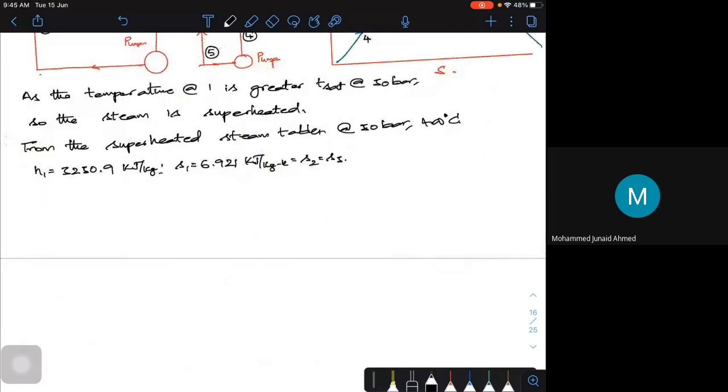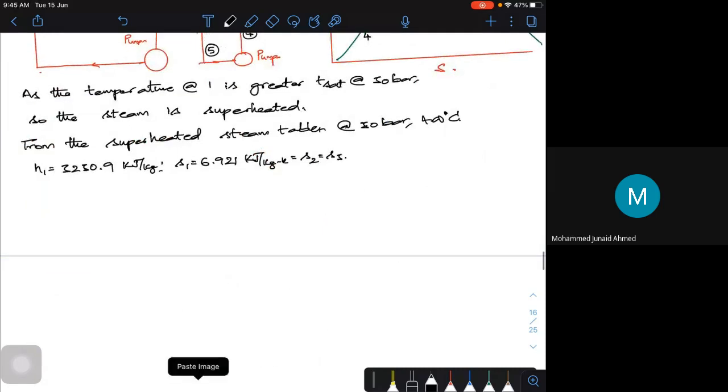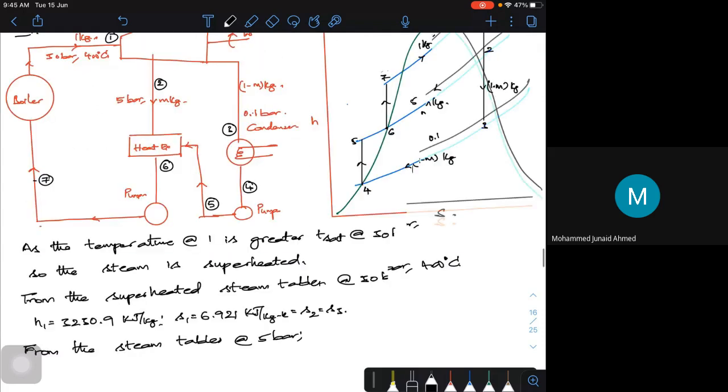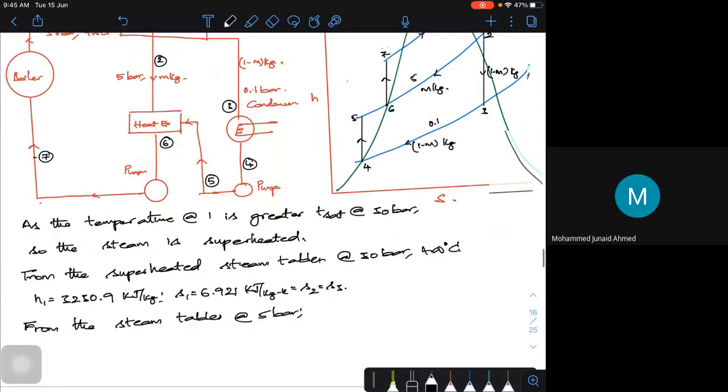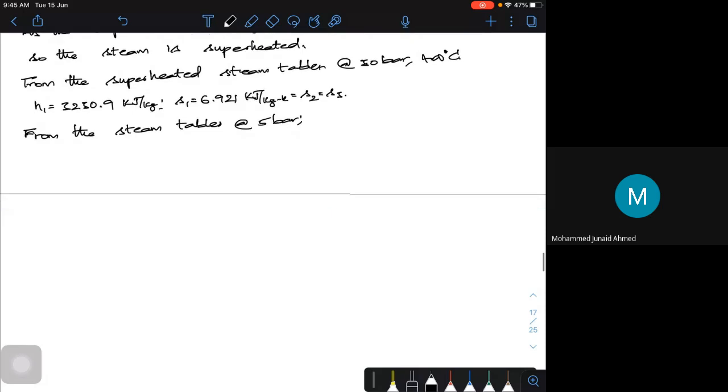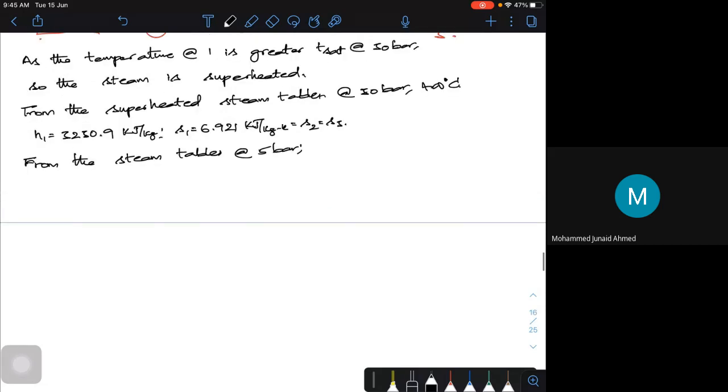Now similarly, from the steam tables at 5 bar, that is at the intermediate point 2, I need to find all the values. That is SF2 at 5 bar, go to your regular steam tables.